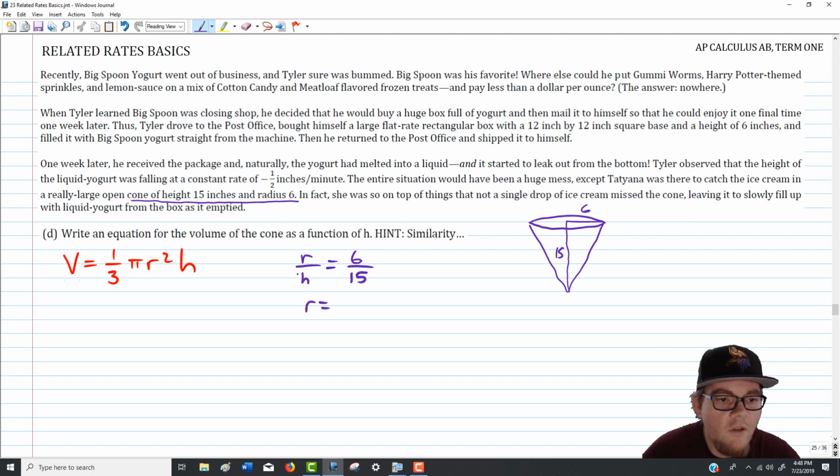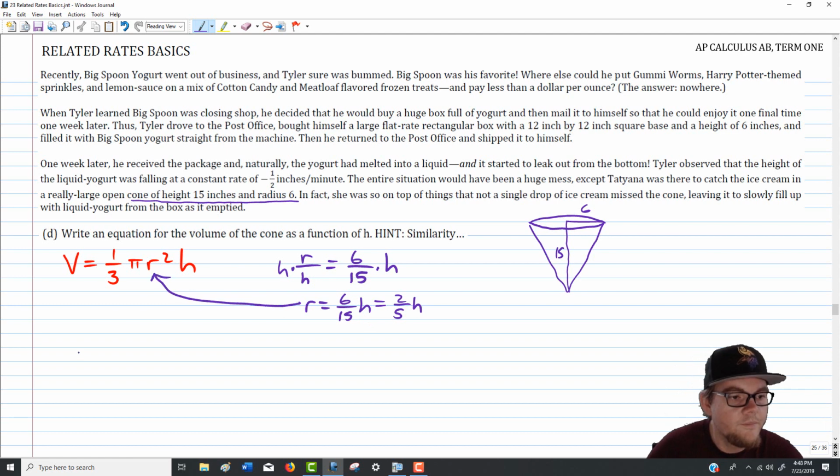From there, we can also solve for r by multiplying both sides by h. And then we get 6 over 15 times h is our similarity statement, or our radius as a function of h. And we can simplify that really fast as 2/5 h. So digging pieces in here, we can now plug that into our equation.